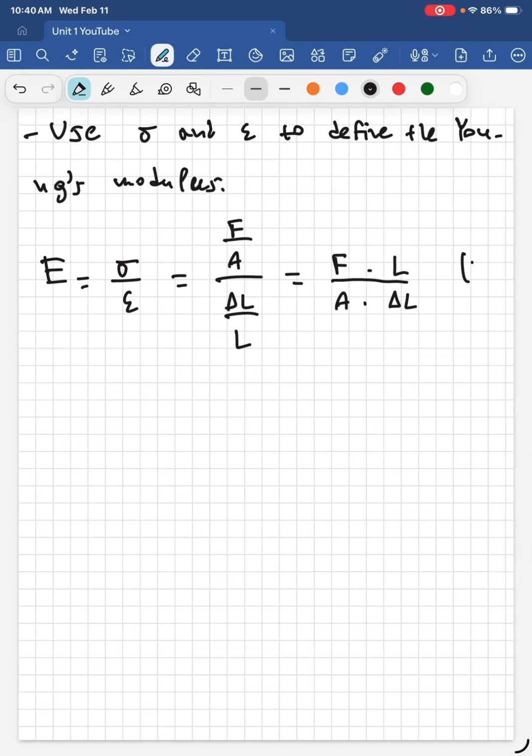It's again Pascal, right? Because you have force per unit area, so pascals, and then the L over delta L is still dimensionless. So that's Young's modulus.